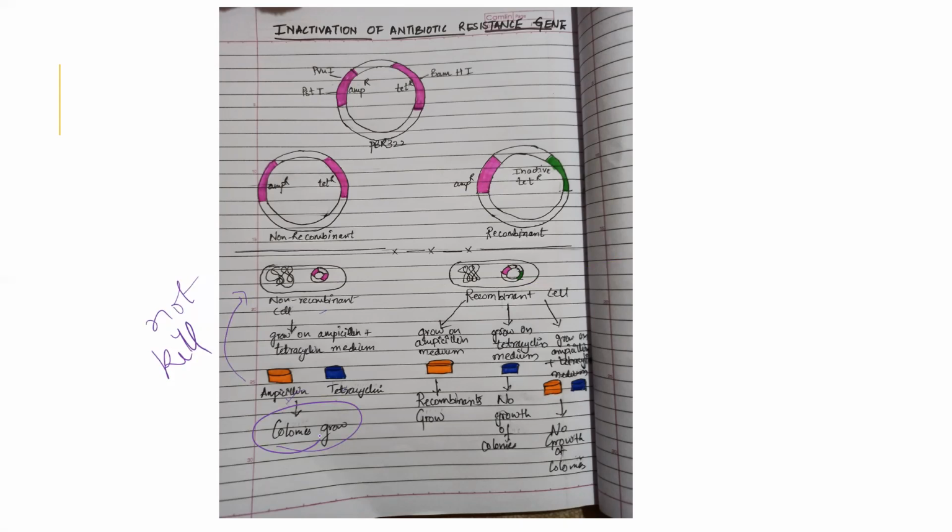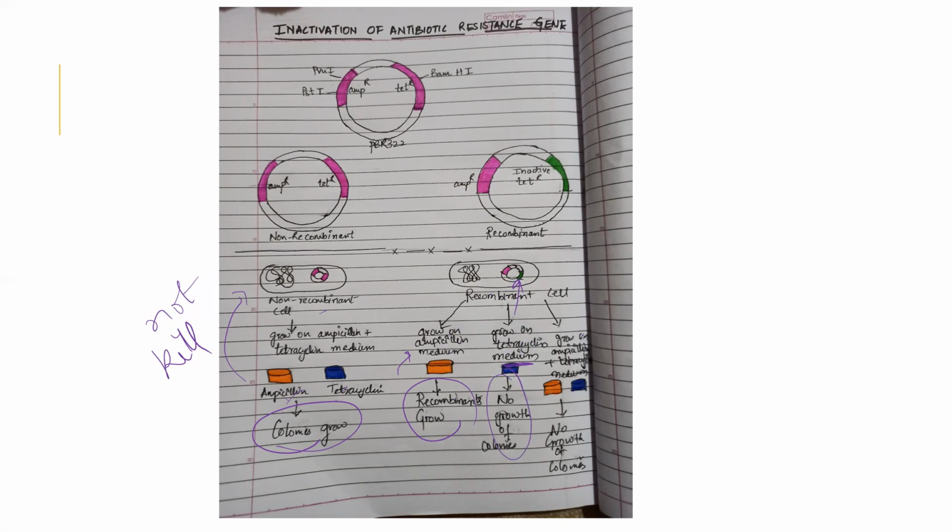In this case, we have the recombinant cell. When it grows on the ampicillin-containing medium, the recombinants will grow. Ampicillin resistance is there, so ampicillin cannot kill the cell. Then we grow on the tetracycline medium, and the tetracycline kills the cell because the tetracycline resistance gene has been inactivated, so there is no growth of colonies.